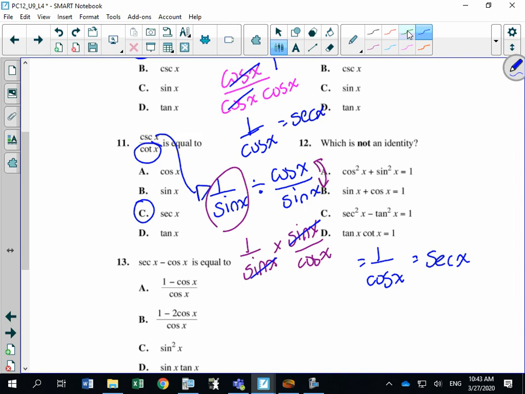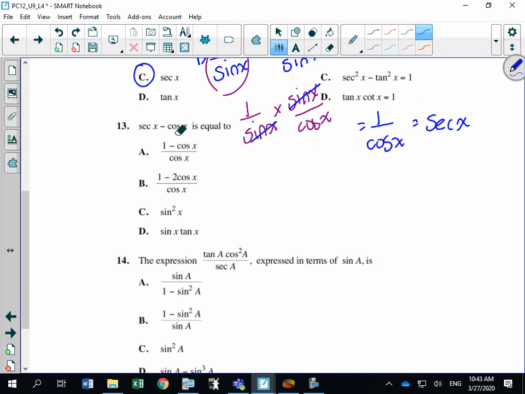13. Okay, secant x minus cos of x. So secant is the same thing as what is the reciprocal identity for secant. So secant is 1 over cos of x, minus cos of x. Fractions, that's really over 1.